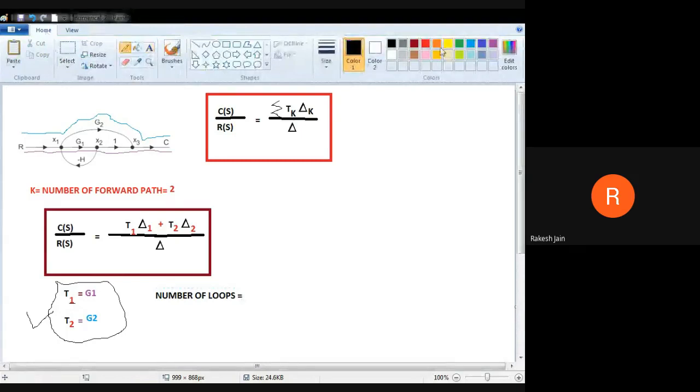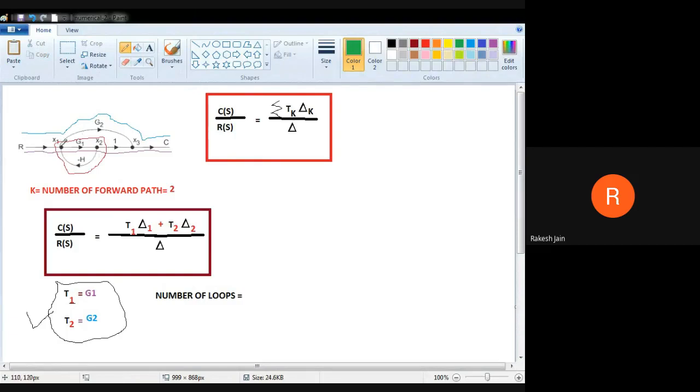So I just write down here number of loops. So once again I repeat, what is the meaning of loop? Loop is a closed path, no repetition of branch and no repetition of node. With this red color I draw the first loop. See, I start, then on the basis of the direction of minus h gain, I again reach at the start, okay, a closed path.